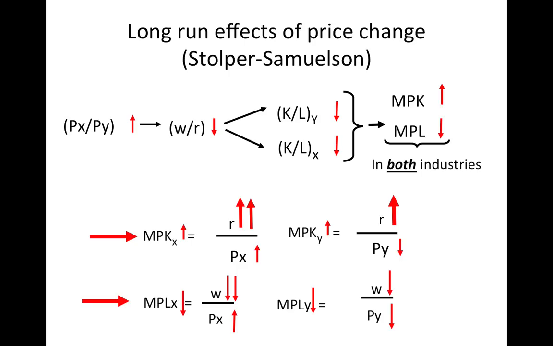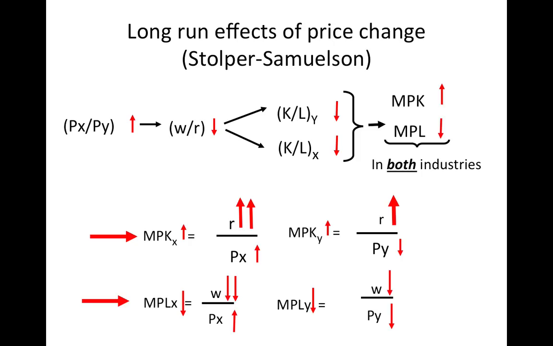Maybe workers have got a pay cut, but the price of Y fell, so maybe they will be able to buy more Y. Well, that's when the left-hand side of this equation comes into play. Because the marginal productivity of labor in Y goes down, and both sides of this equation have to equal each other, the wage has got to fall more. W has to fall more than the fall in the price of Y.